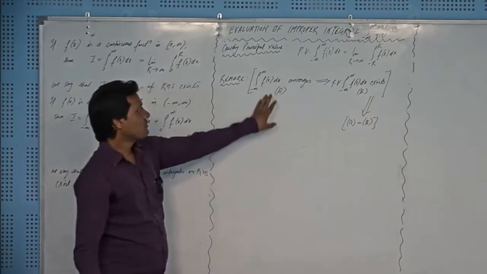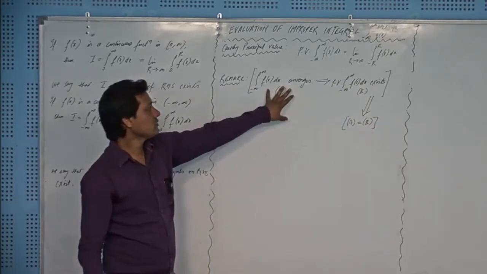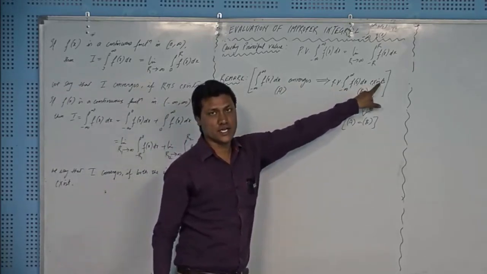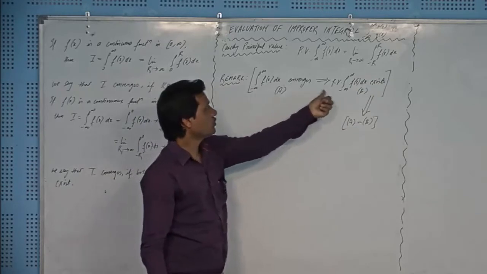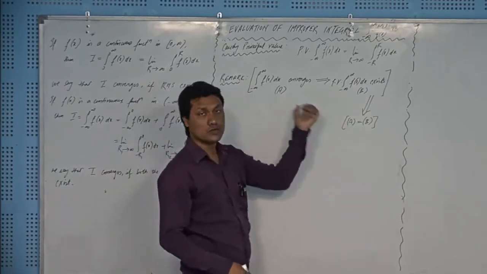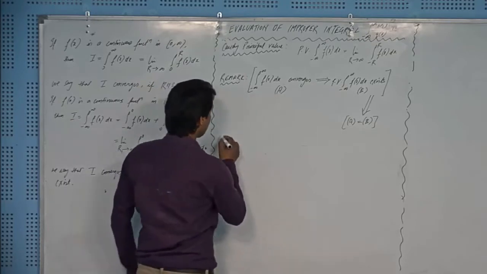So whenever you have a converging integral like this one, then the principal value of that integral will always exist, as well as the two values of the integral will always be equal, right? But the converse is not true in general, right?